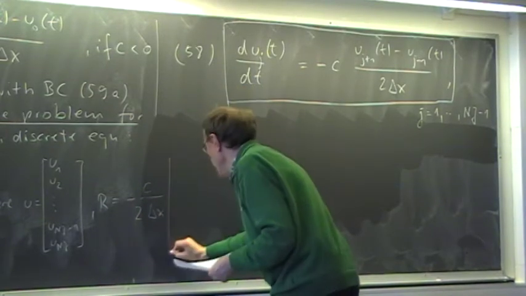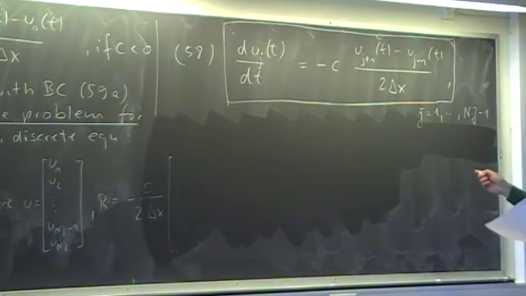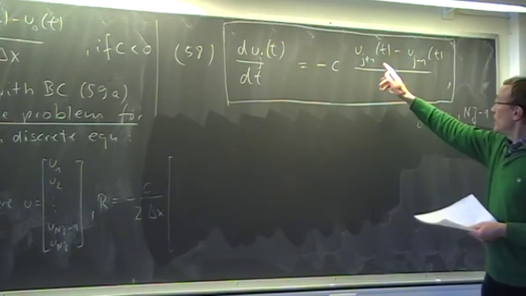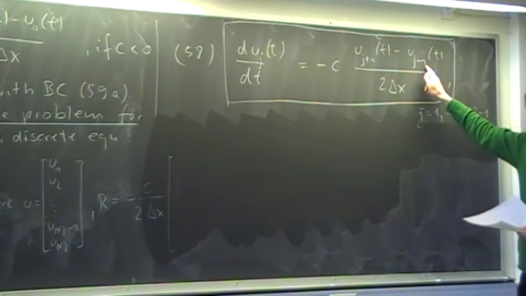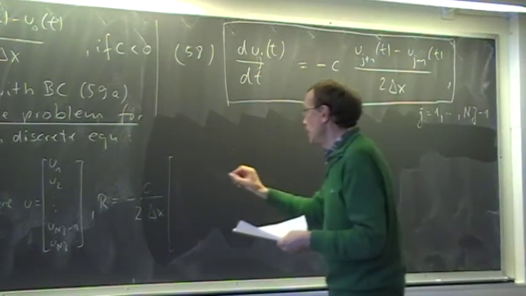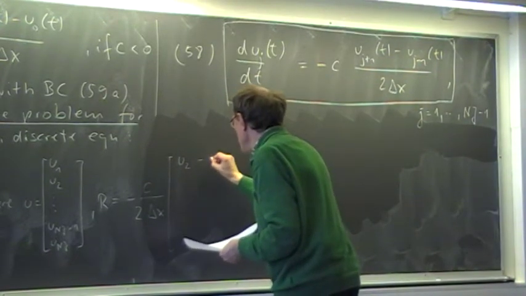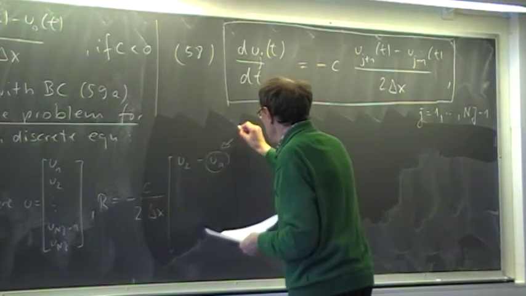And then we have here a vector. Now we write what we will have for j equal to 1. Then we will have here u2 minus u0. And u0 is the boundary condition in that case, which we call ua. So we get u2 minus ua, the boundary condition.